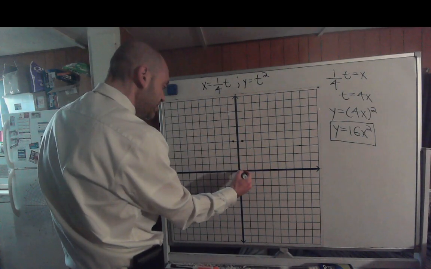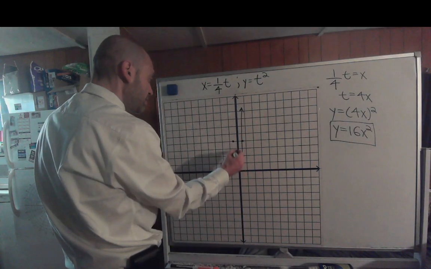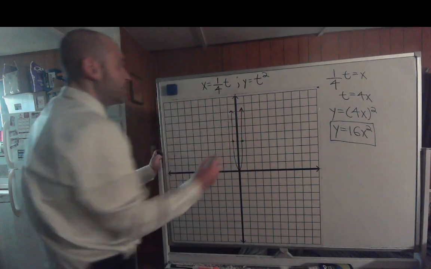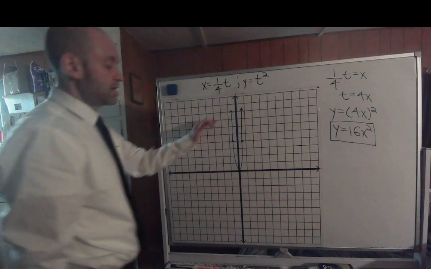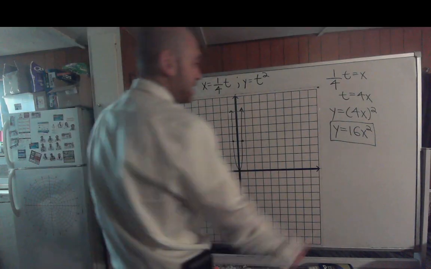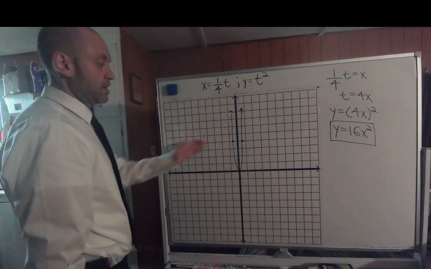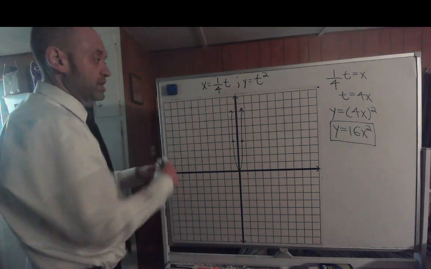So I'm going to get a very skinny looking parabola. That would be y equals 16x squared, and that's based on these two parametric equations.